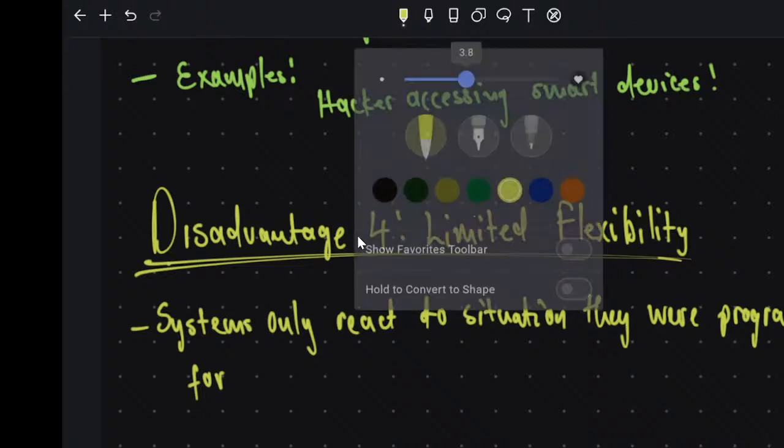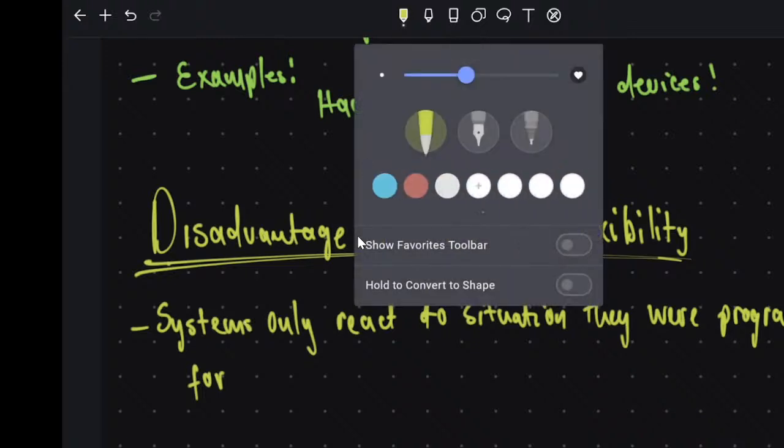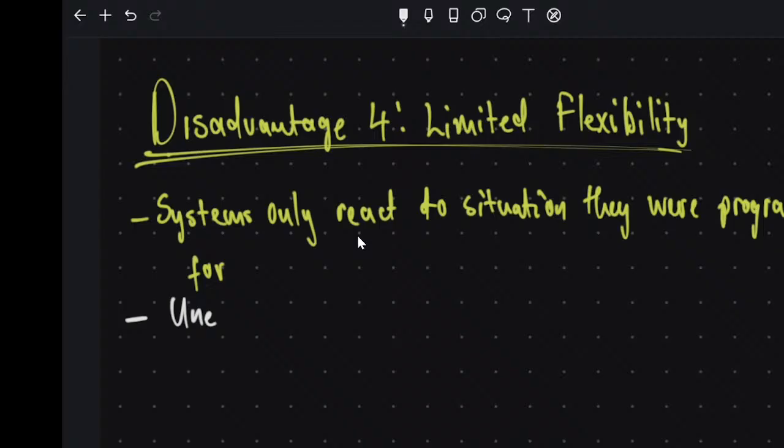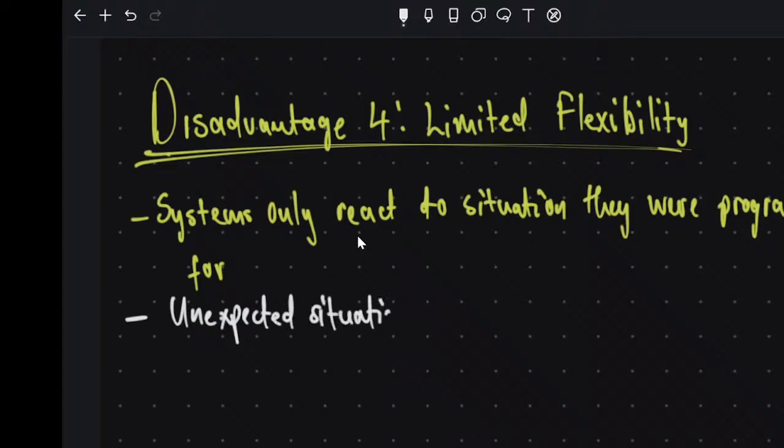Systems only react to the situations that they were programmed for. Any unexpected situation can cause problems.